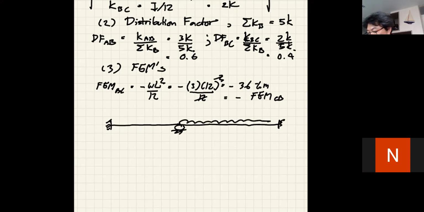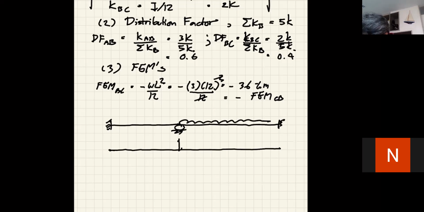Okay, now I'm going to set up my moment distribution. Okay, so here it is. Not very straight. Can't leave it like that. Okay, straight line. And this is my joint B. The distribution factor of member AB is 0.6.